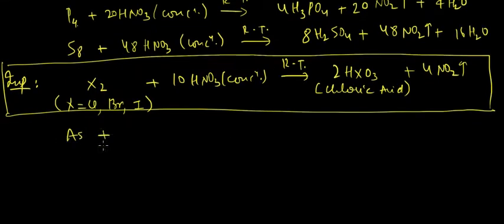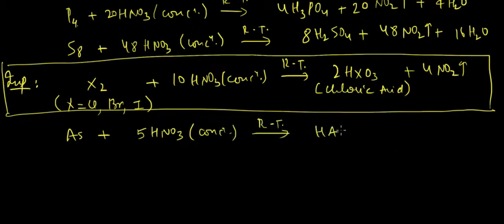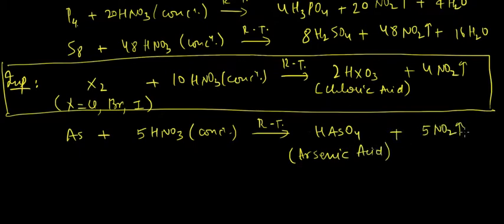Next we have reaction of As with HNO3. This is concentrated form again at room temperature, so we get H3AsO4, which is arsenic acid, and liberating 5NO2.